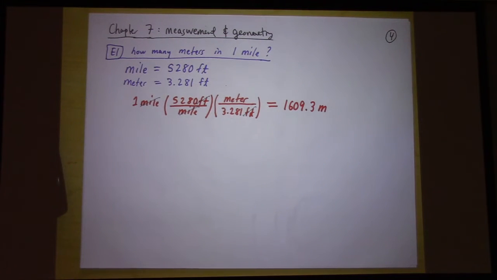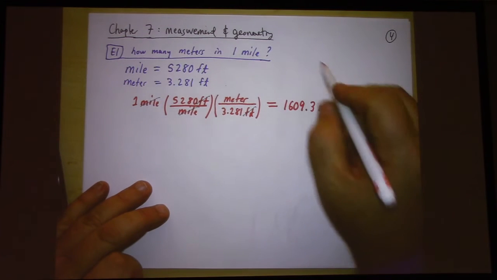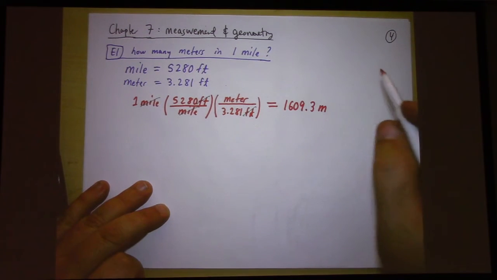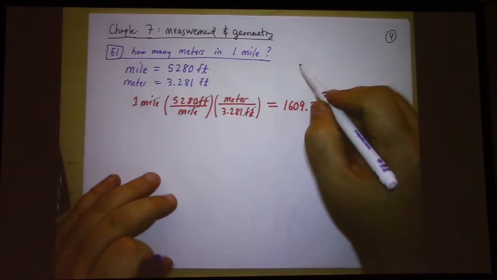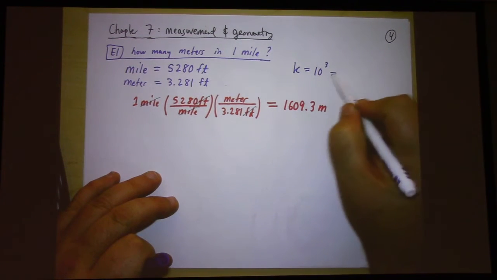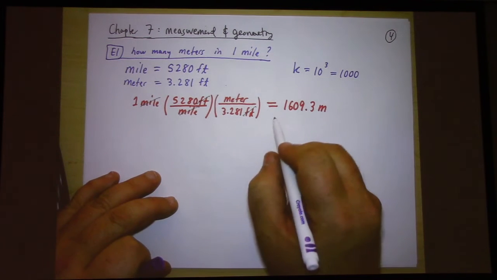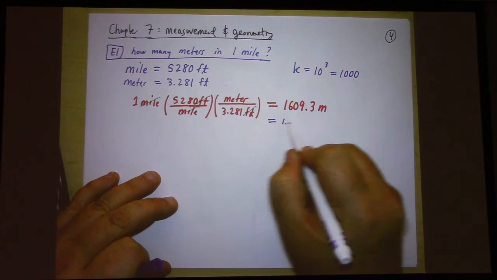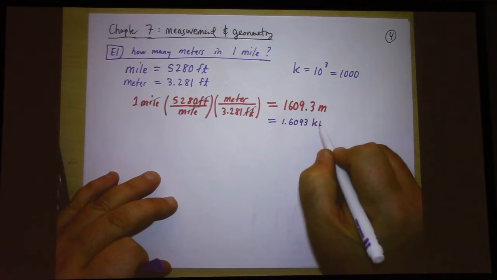No? Well, that's okay. Another thing we can do is use a multiplier. A lot of times in science and engineering, people like to use multipliers. The multiplier that's popular to use here is K, which is 10 to the third, which is 1,000. So I could rewrite this as 1.6093 km.